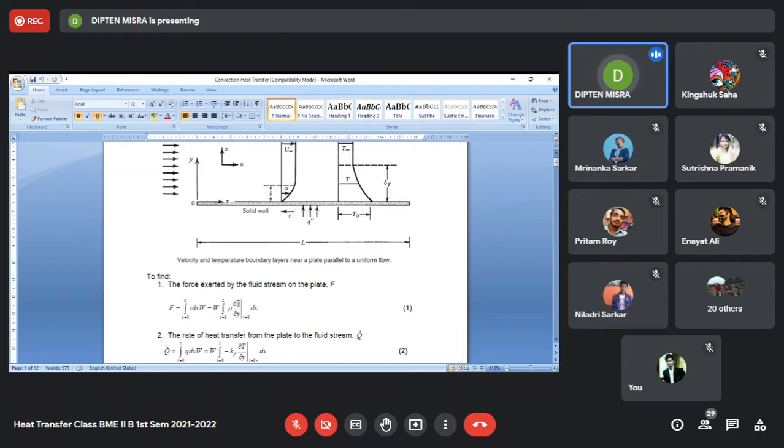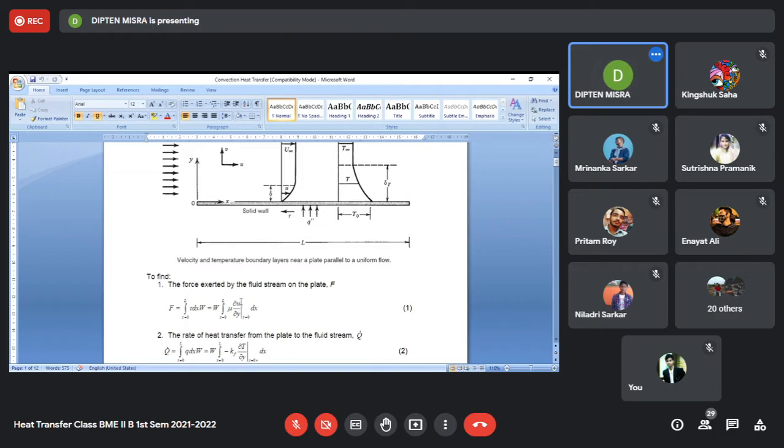Now, u is in fact a function of y, as you can see it is varying along y, and this functional dependence on y is not the same for all x. What we'll see is that u is not only a function of y but also a function of x.